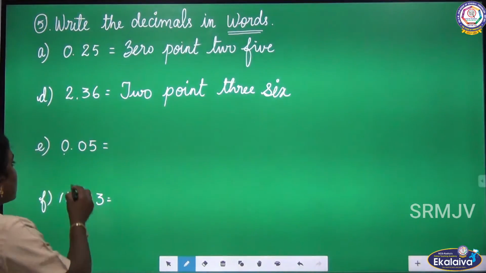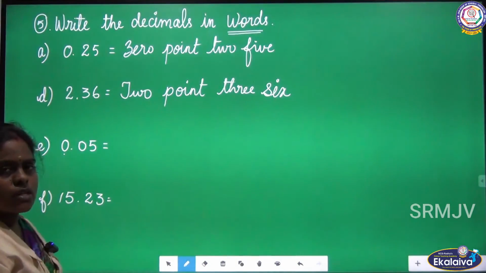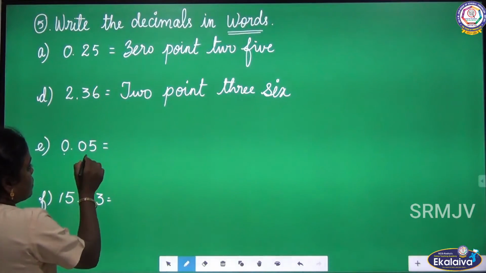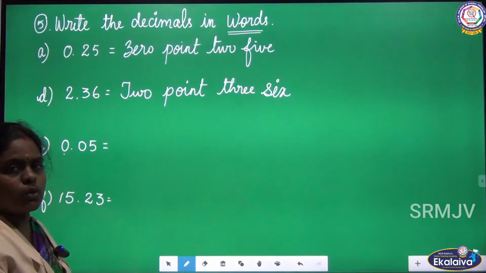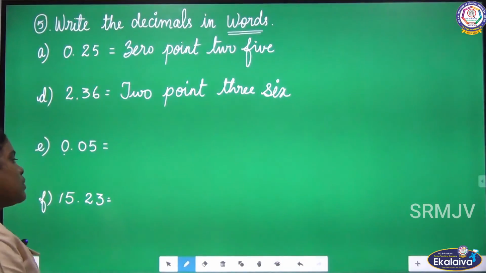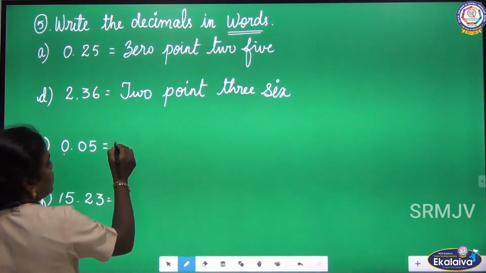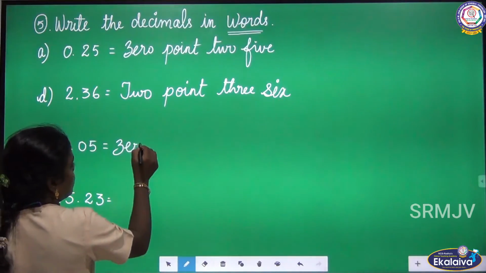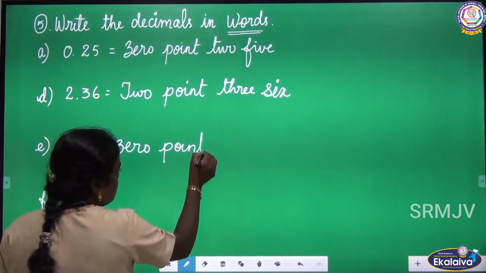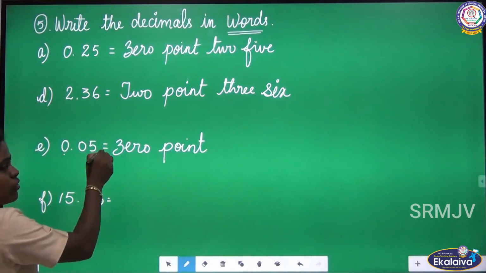0.05. Here in the whole number part we have 0. And look at the decimal part. Here the first decimal, it is 0. So whatever you read, you have to write the given number. Here the whole number part is 0. 0.05.